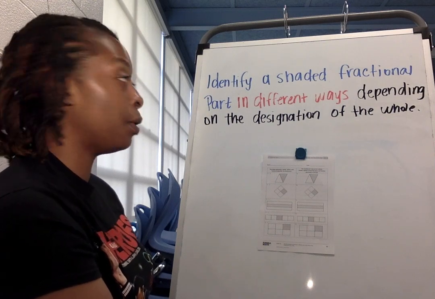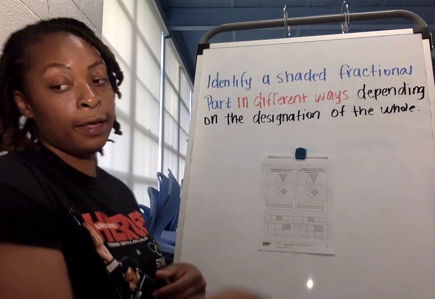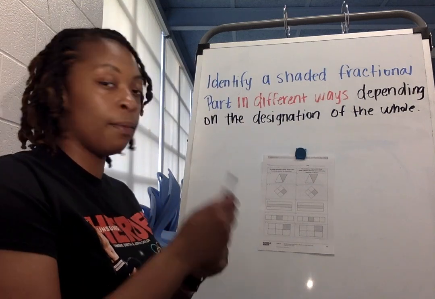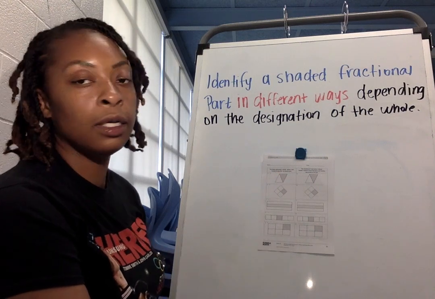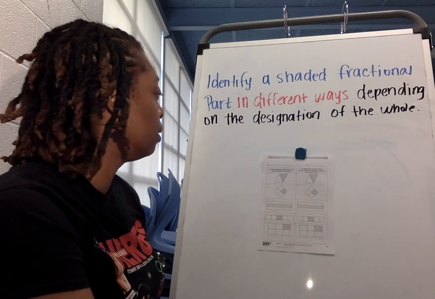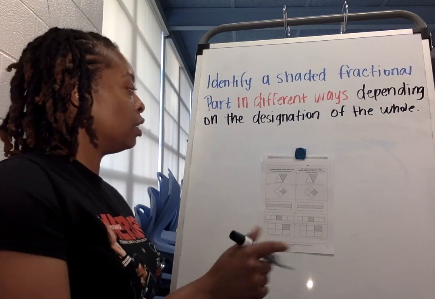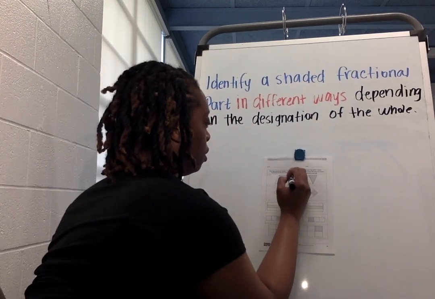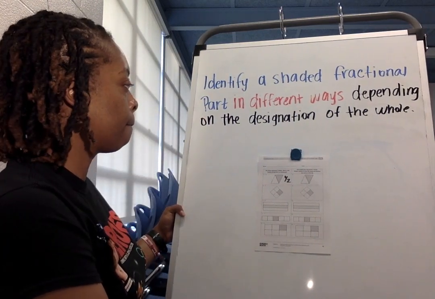The shaded part. Identify a shaded fractional part. Okay, so this is how we'll do this. I'll write in my marker to make sure that you can see it. What's the fraction of this figure in 1A? That's right, it's 1/2. So you should have 1/2 written on your paper.